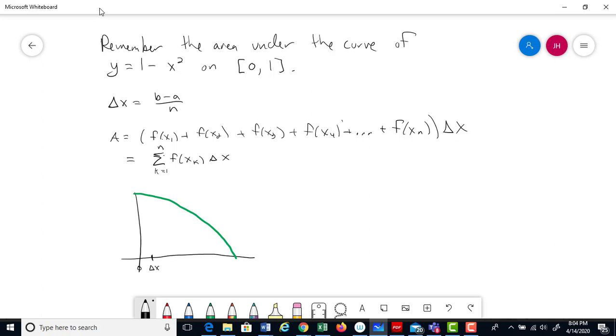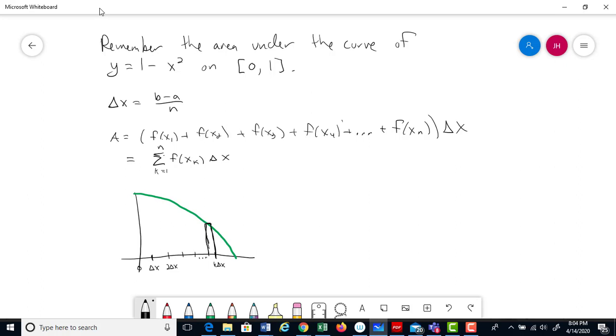I know the next number is 2 times your change in x, and then so on, 3 times your change in x. Now there's some number out here, and I'm going to call this my function using right endpoints, and this is going to be the kth rectangle. So what that means is this right endpoint is just going to be k times the change in x.